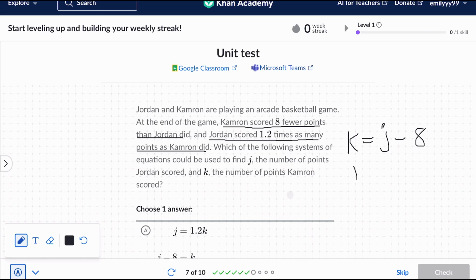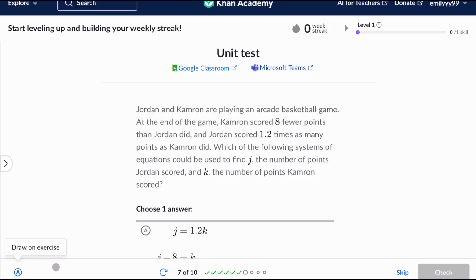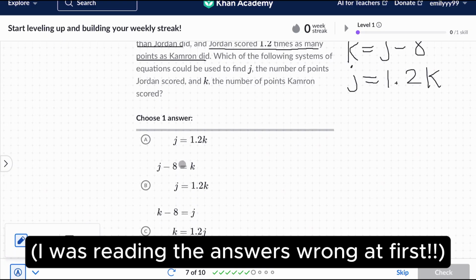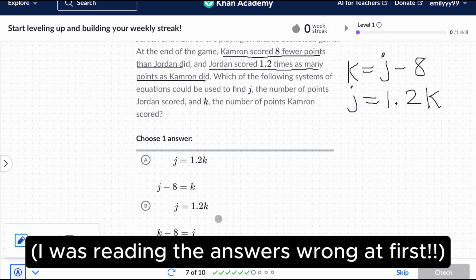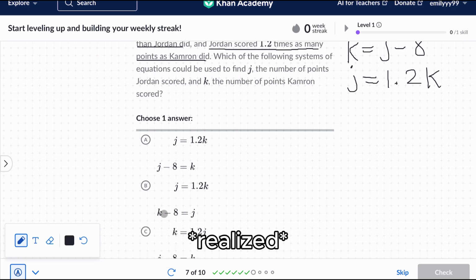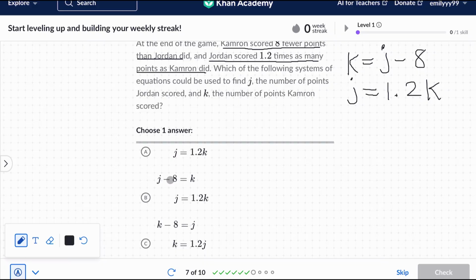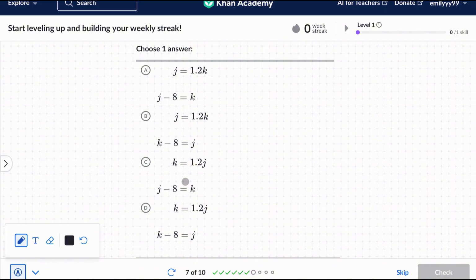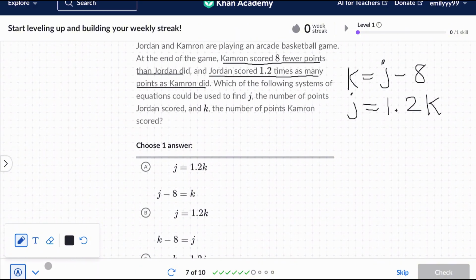So we can also do J is equal to 1.2K, because he scored 1.2 times as many as K. So let's see. We have K is equal to J minus 8 and J is equal to 1.2K, and it should be A. Yeah, it's A.